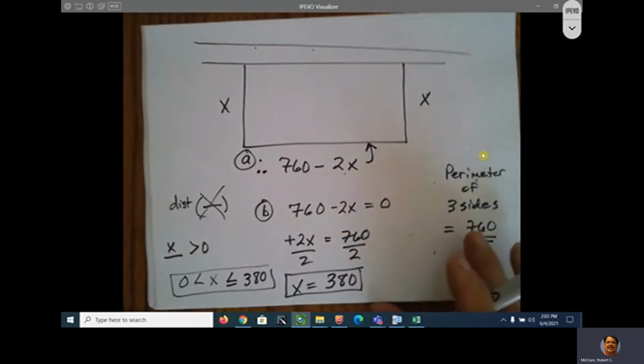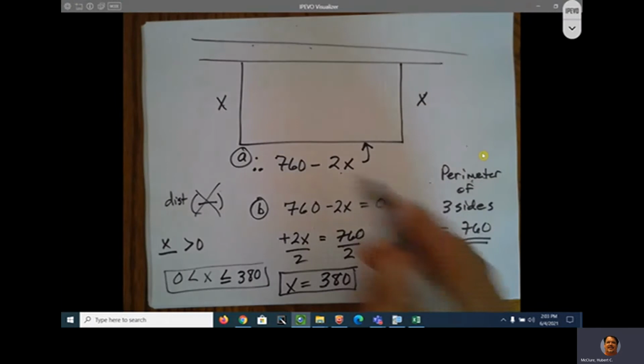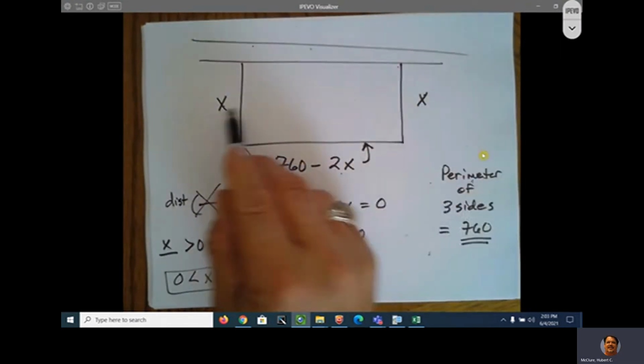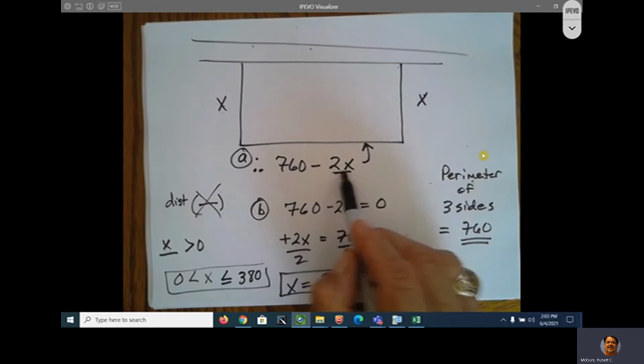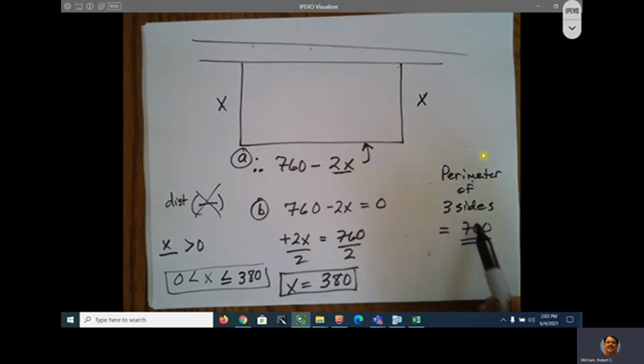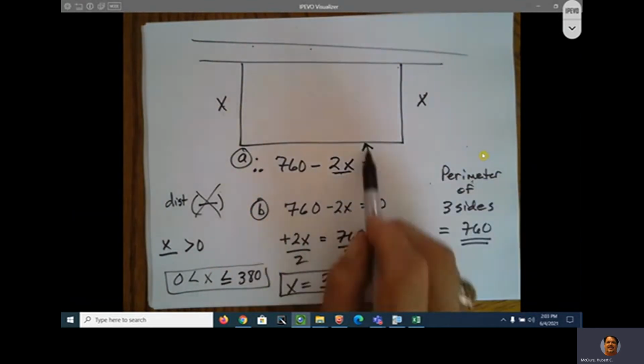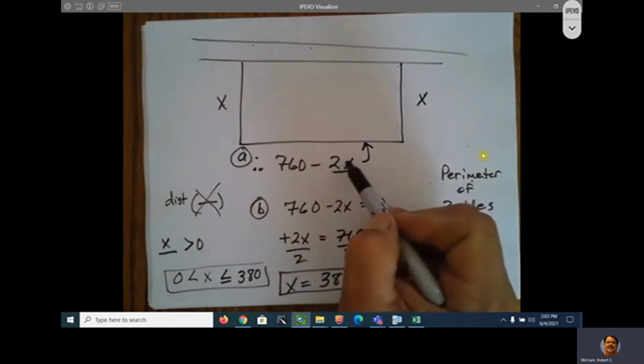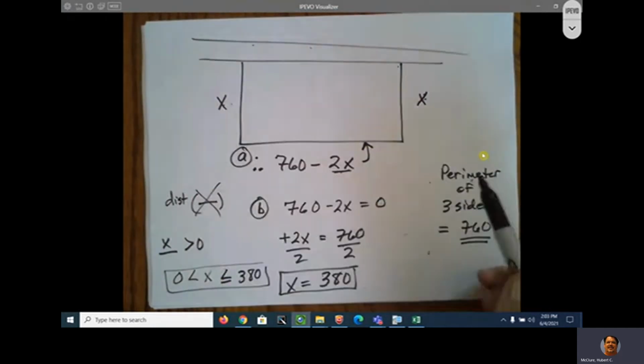So A is your perimeter, which is three sides. So x plus x is 2x. And subtract that from the perimeter, and that is the side here. And then for x's, what numbers can be used here? Well, you can only use positive numbers because negative numbers mean nothing in distance.